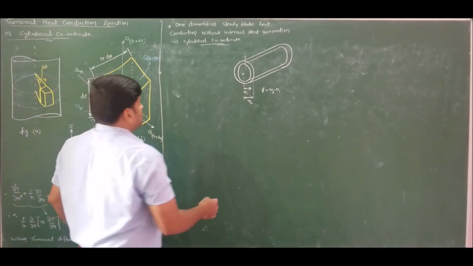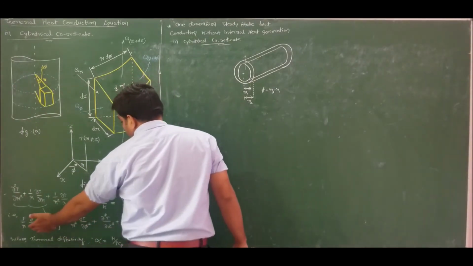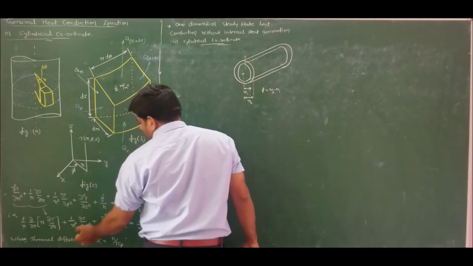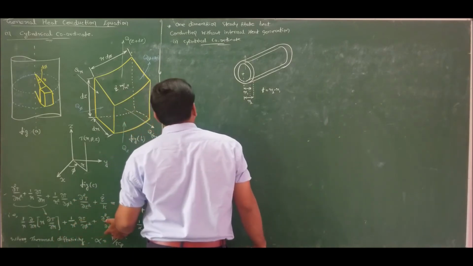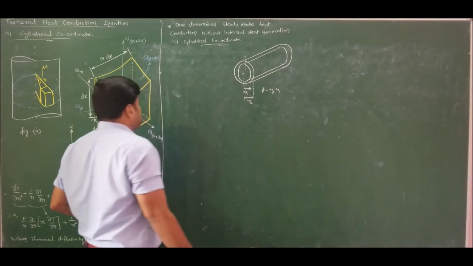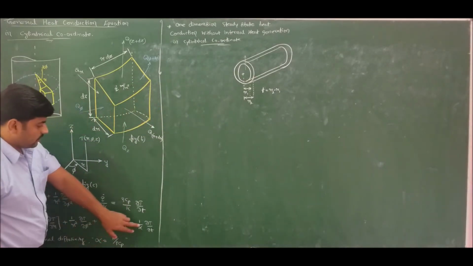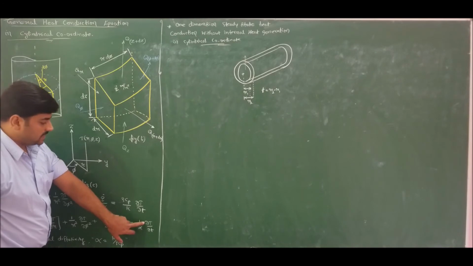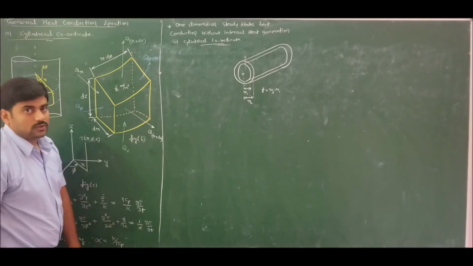Now for one dimension I am considering only the radial direction. I am neglecting phi and z direction. Without internal heat generation, the second term will become 0, and also this is for steady state, so temperature is a function of space alone, it is independent of time, so RHS will also become 0.